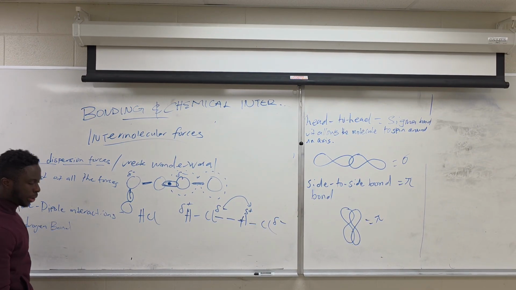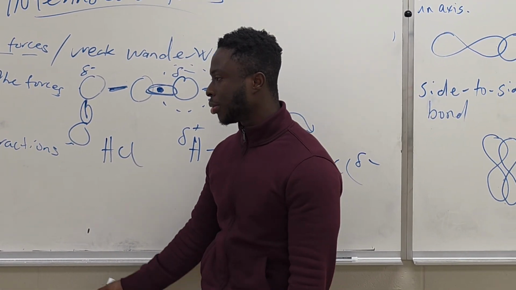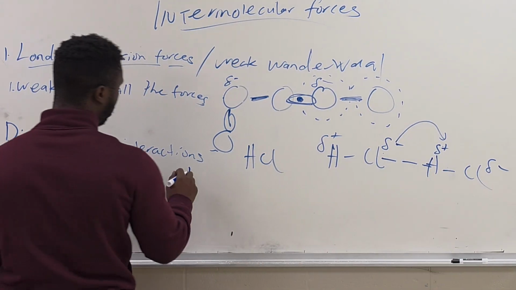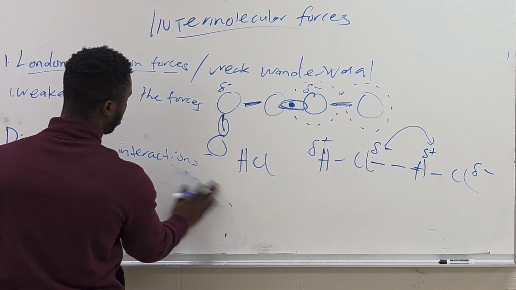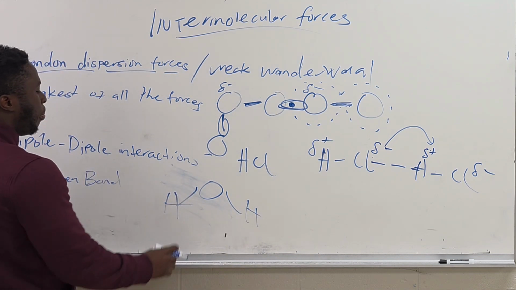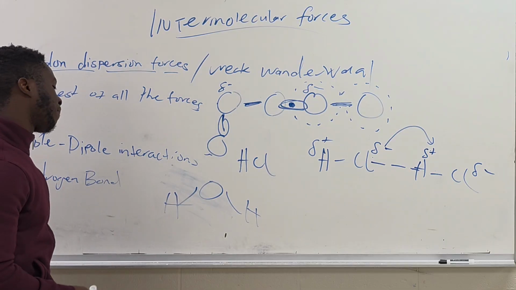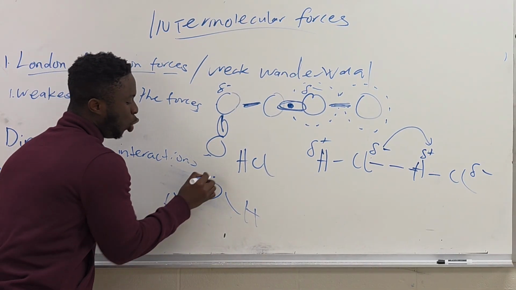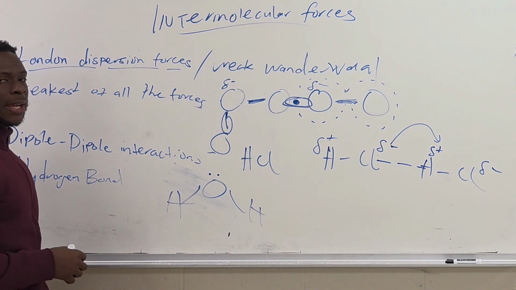Now, hydrogen bond, right? If hydrogen is in a compound like water, H2O, where we have O, H, H, a compound like this, water with hydrogen in it, there is already a lone pair of electrons on this oxygen atom over here.